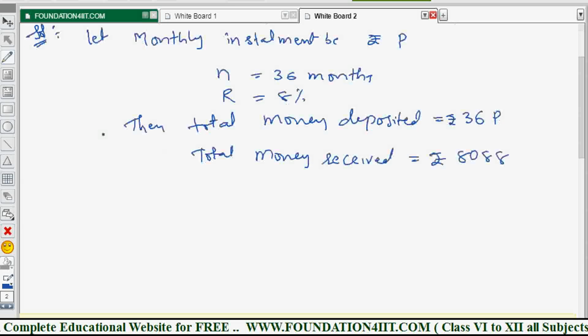From these we can find the simple interest first. Simple interest is equal to the total money received minus the deposited money. The total money received, the maturity value, is 8,088, minus the deposit amount, 36P. Let it be equation 1.